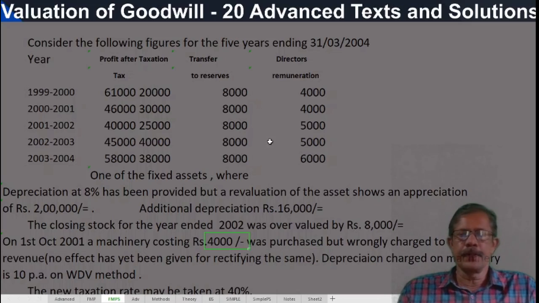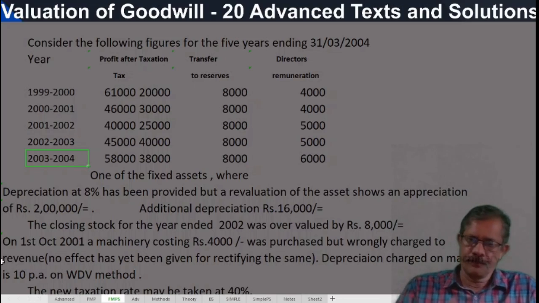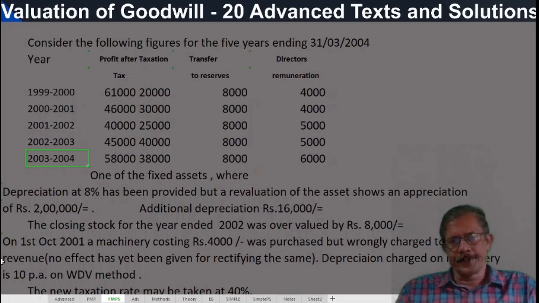This 4,000 rupees should be added to 2001-2 profit. Then depreciation on 4,000 rupees at the rate of 10% per annum on written down value should be provided from October 2001 to 2002-3 and 2003-4. Depreciation should be calculated separately and deducted from each year's profit.